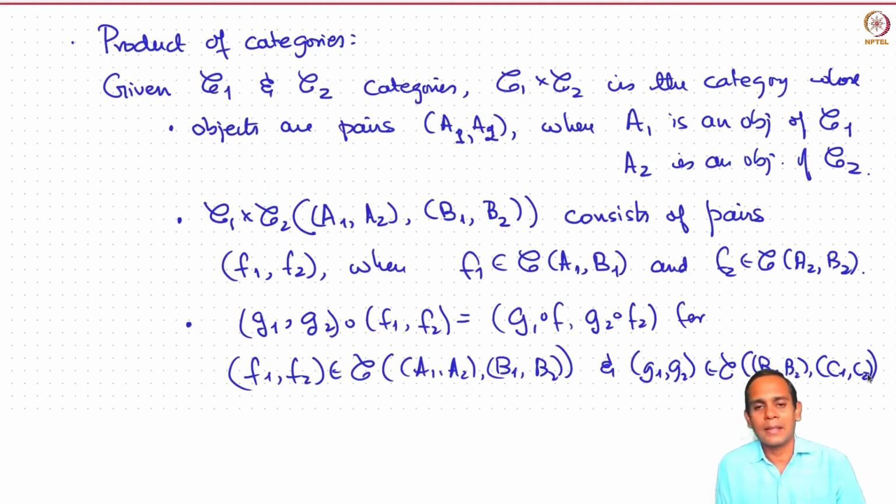And again, it's fairly straightforward to check that with this specification we actually get a category. So the associativity and identity axioms are inherited from the categories C1 and C2.